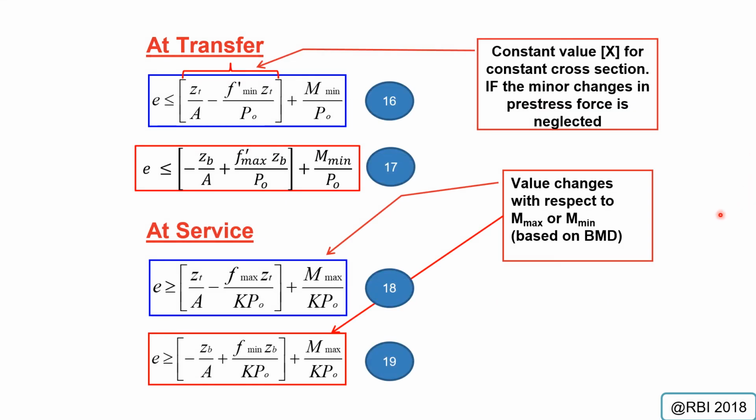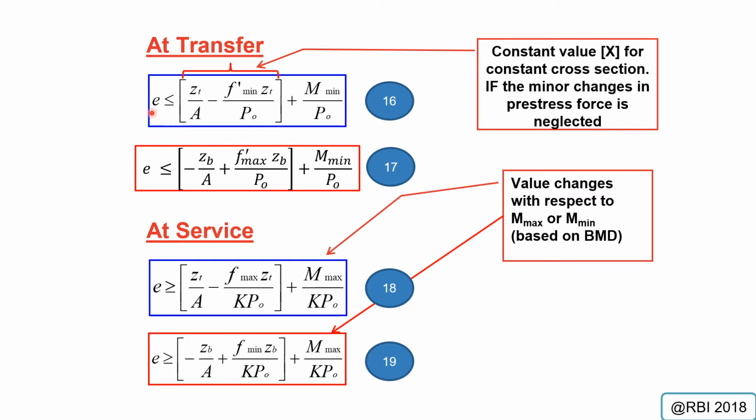Okay, so we remember our four inequality equations that we use for our Magnel diagram, which are equations 12, 13, 14, and 15, where we have the main parameter 1 over P naught, which we rearranged mathematically and put as the main parameter on the left side, with the other parameters on the right side.